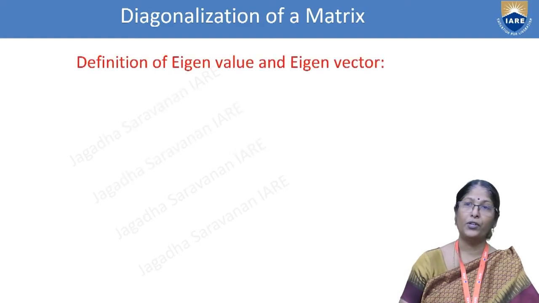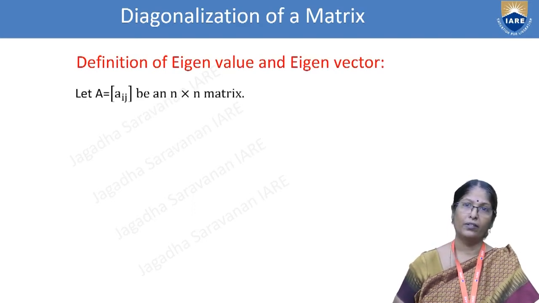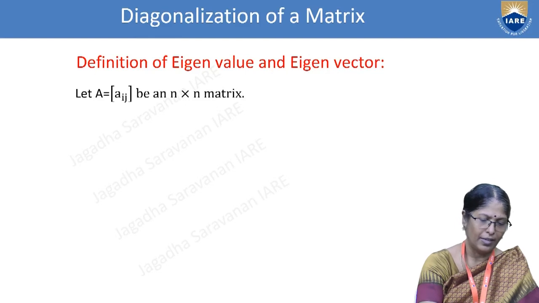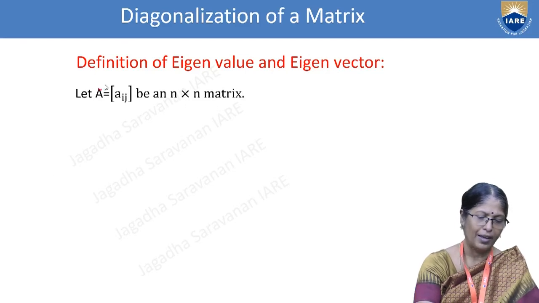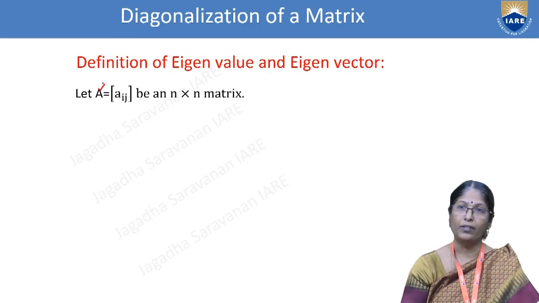First, the definition of eigenvalue and eigenvector. Let capital A equal to Aij. This capital A is nothing but our given matrix.